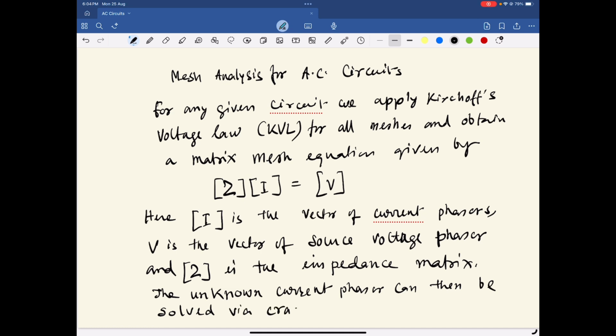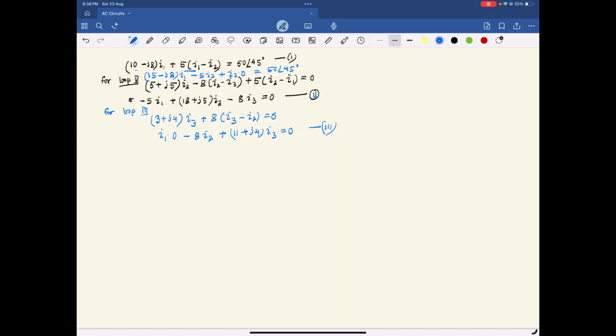So now we will use Cramer's rule. From these 3 equations, we can write the matrix. First is the impedance matrix. The coefficients of I1, I2 and I3 will be there.